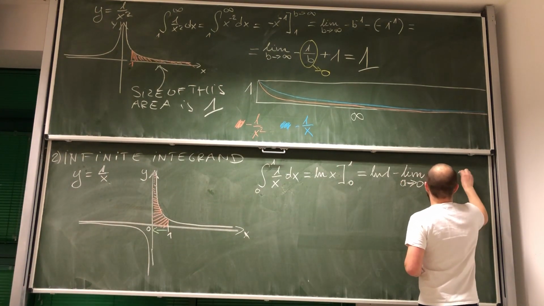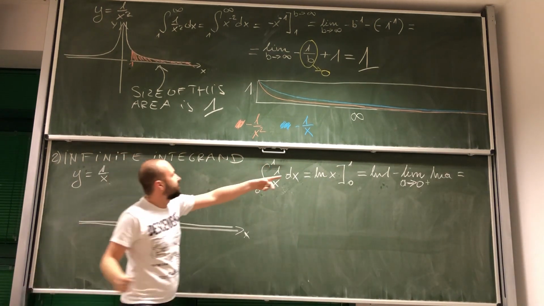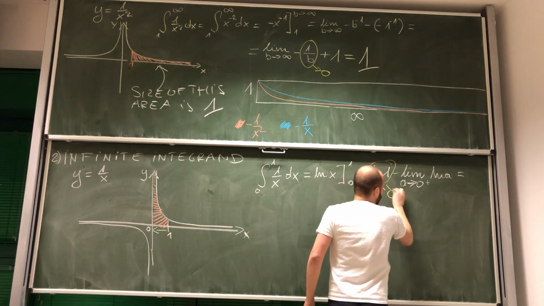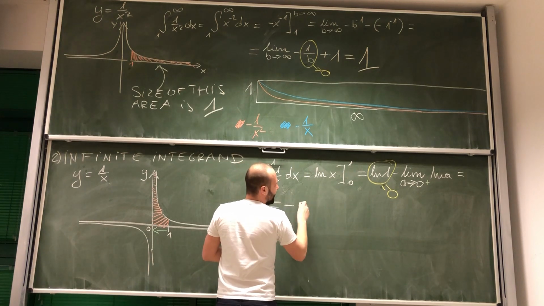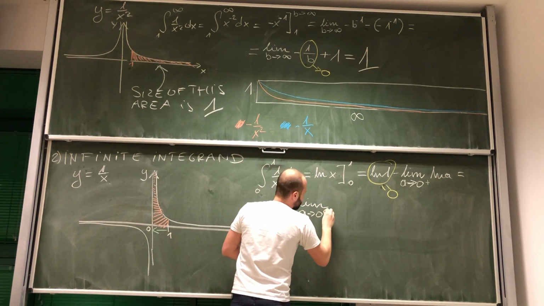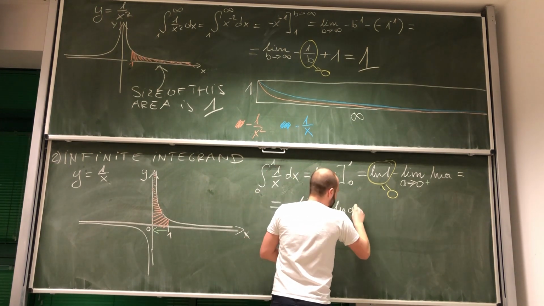Because ln 1 is just 0. So we will have that this is equal to negative limit with a approaching 0 from the right hand side of ln a.